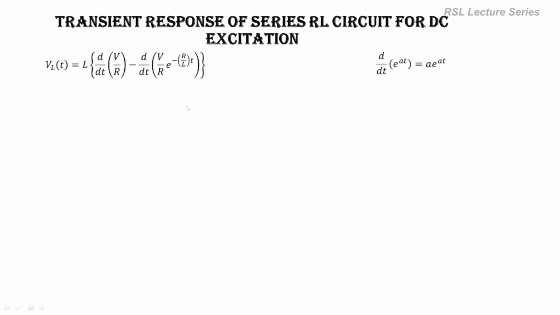Differentiating the first term will give you 0. Now the differentiation of the second term: here we have e^(-R/L · t), which is similar to the form e^(at). Differentiating this e^(at) term, we will get a into e^(at).